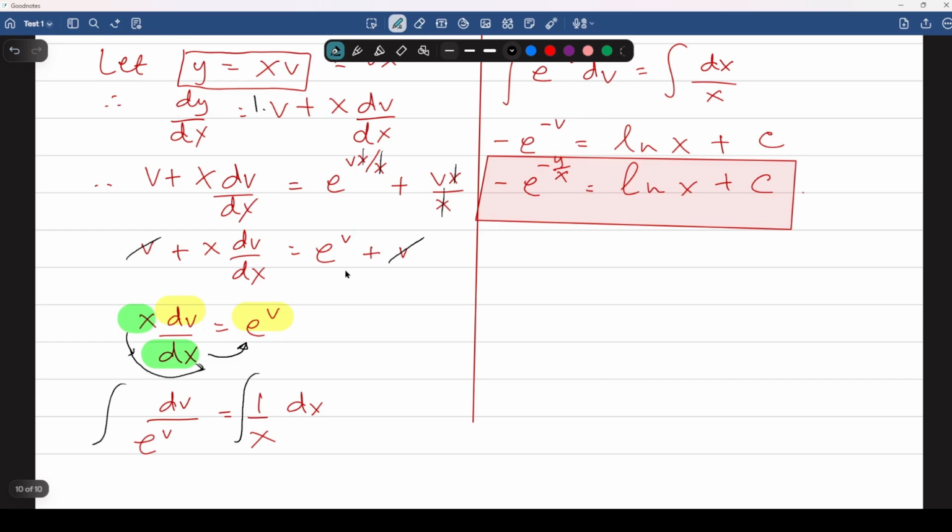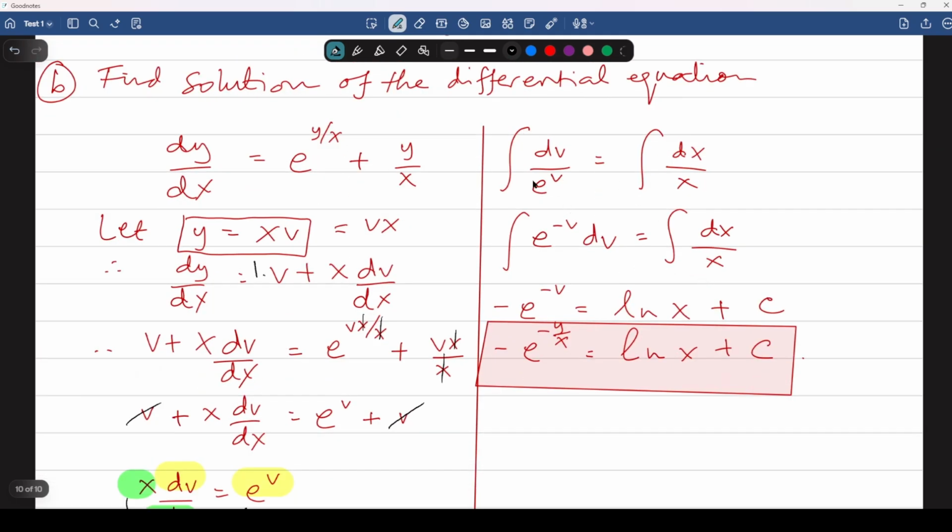This can be solved by integrating both sides: the integral of dv over e to the power of v equals the integral of dx over x. dv over e to the power of v can be written as e to the power of negative v, and its integral is negative 1 times e to the power of negative v, because of the negative sign.